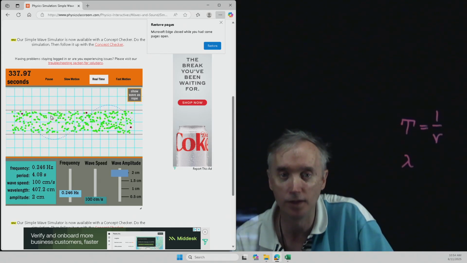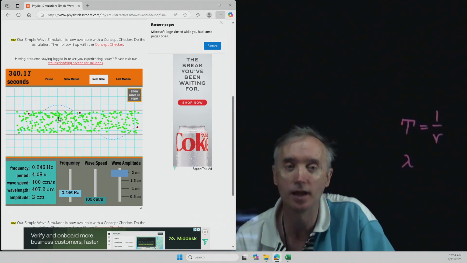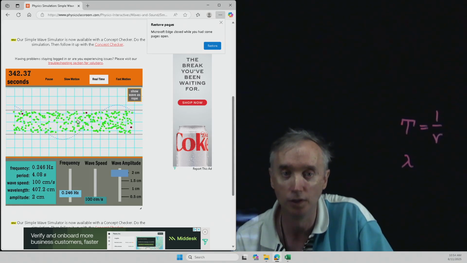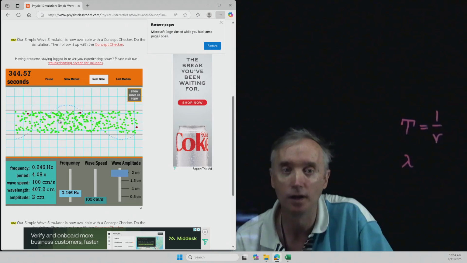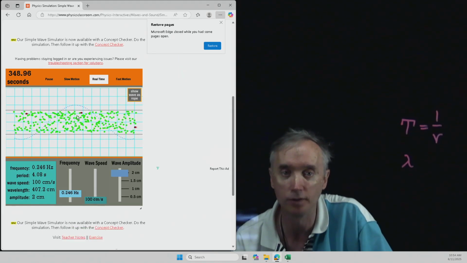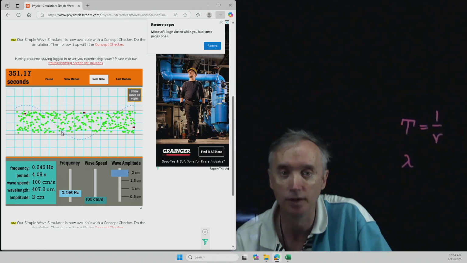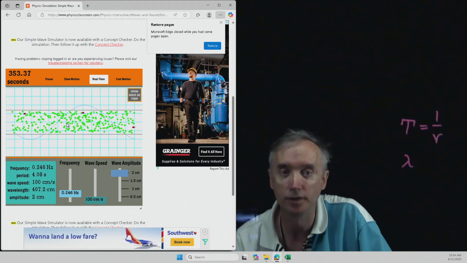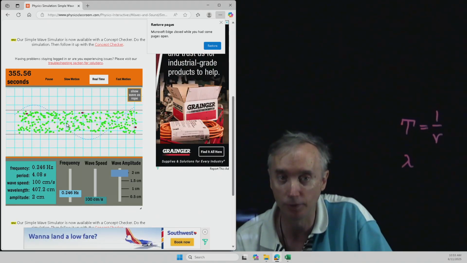And then the blue line is going to have its minimum right here in the middle. So it has its maximum up here, a maximum down here, and in the middle that's where it's going to have the minimum amplitude.